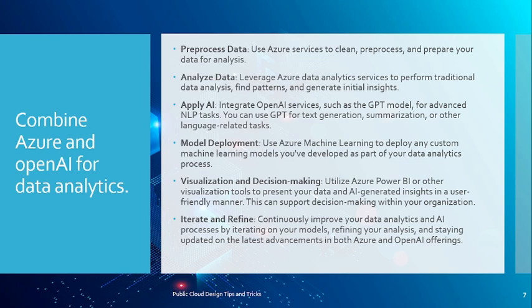With that you can integrate all the solutions and you will find the result. So these are all the main phases you have to go through: pre-process the data, analyze the data, apply AI, model deployment, visualization, and iterate and refine. That's how you make your system much more powerful with the model and the refinement that you are doing.